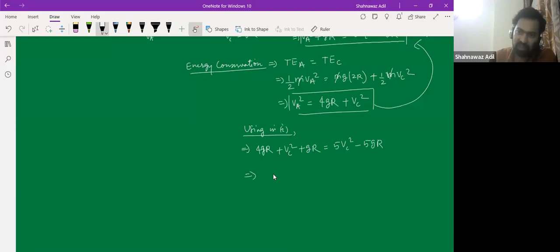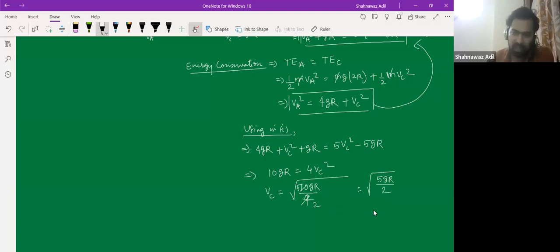So 4gr plus gr is 5gr, minus vC square, so 4 vC square. So vC square is how much? That is root of 5gr by 2.